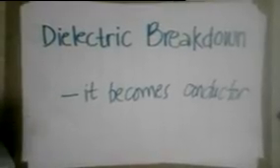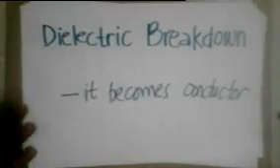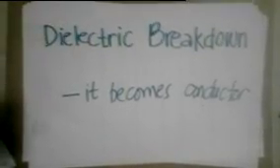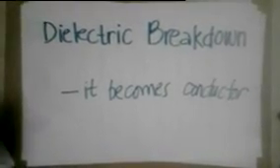This happens when the electric field is so strong that electrons are ripped loose from their molecules and crushed into other molecules, liberating even more electrons. This avalanche of moving charge forms a spark or arc discharge. Lightning is a dramatic example of dielectric breakdown in air. It forms a spark or arc discharge.